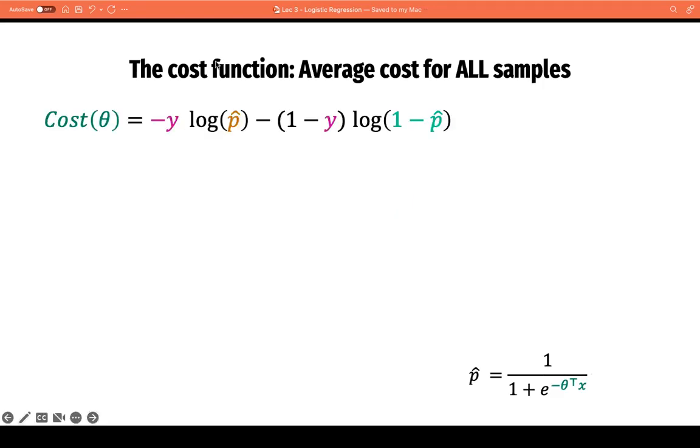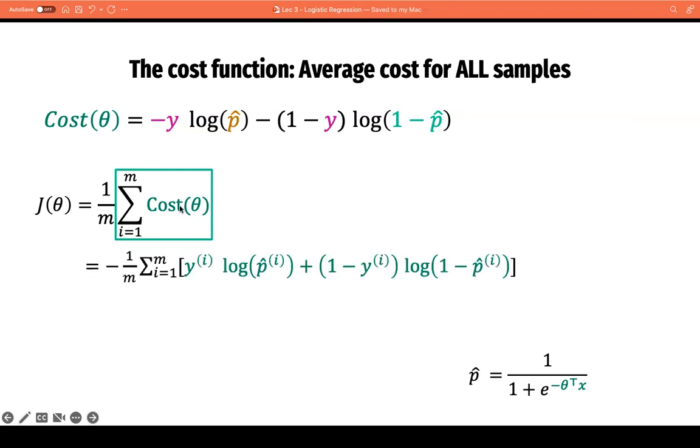The cost function is simply the average cost for all samples. This equation, or the cost, is simply the cost for a single instance. In order for us to compute the average cost for all samples, we must compute the cost for each instance, sum them up, and divide by the number of samples to take the average.